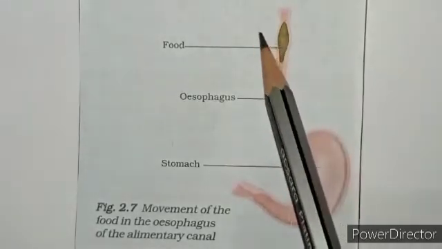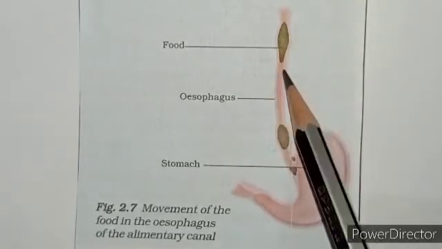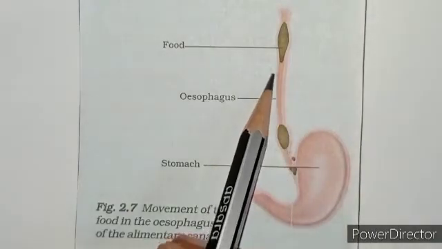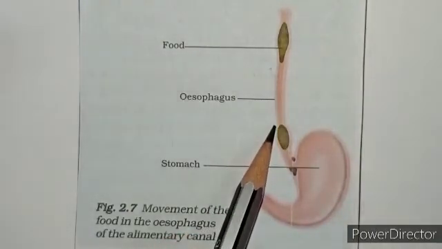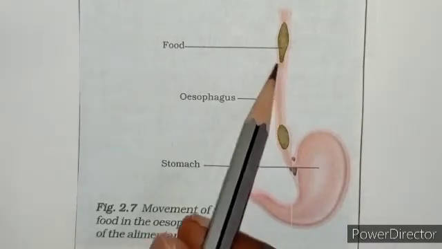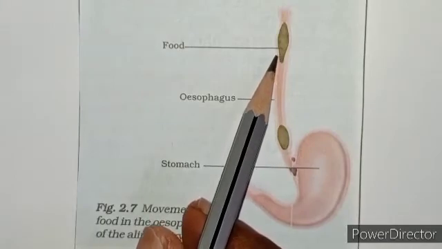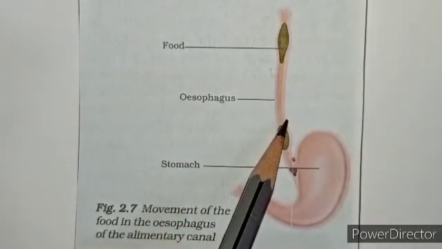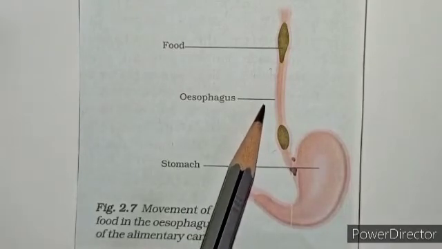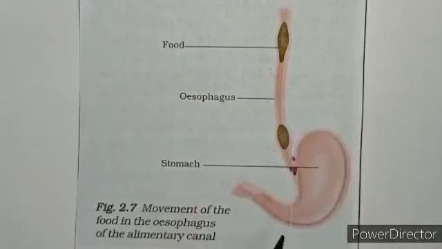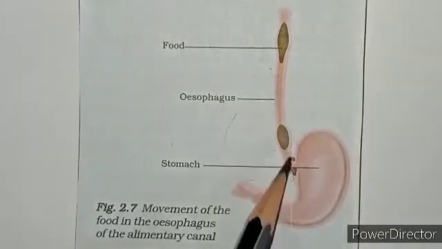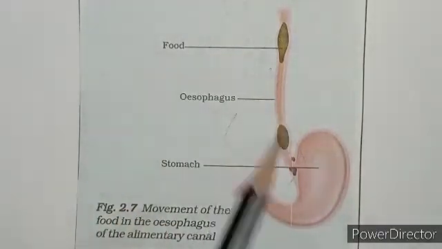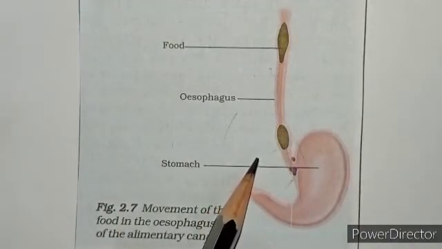Food is pushed down by the movement of the wall of the food pipe, and actually this movement takes place throughout the alimentary canal and pushes the food downwards.